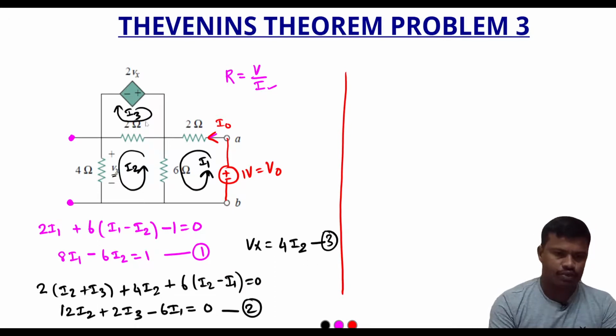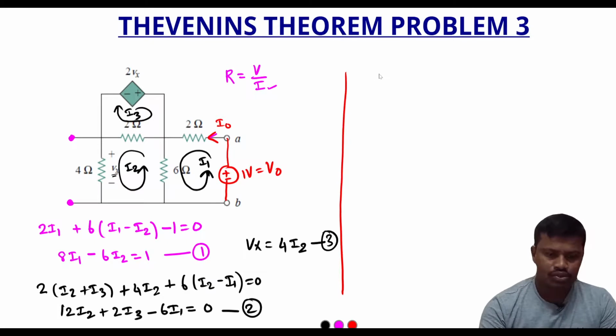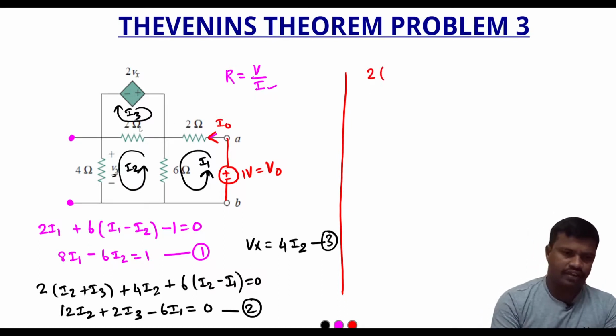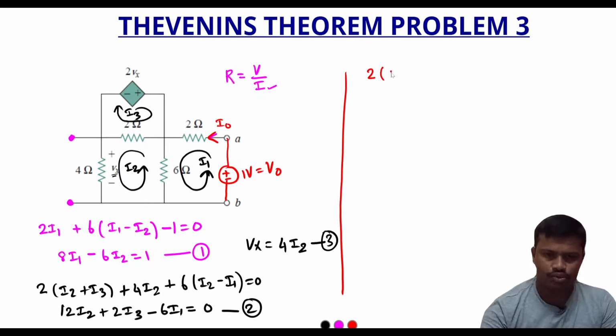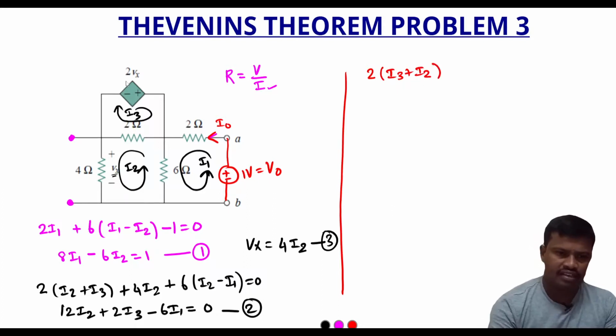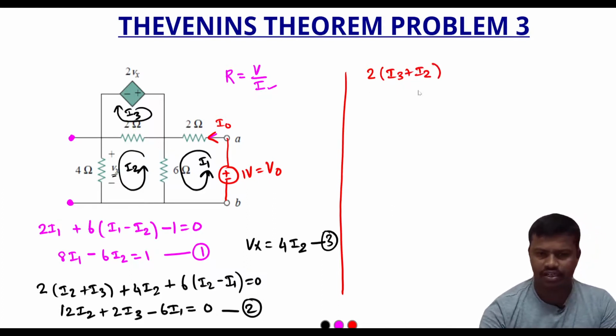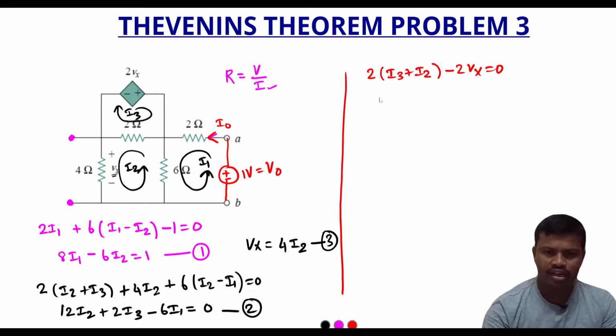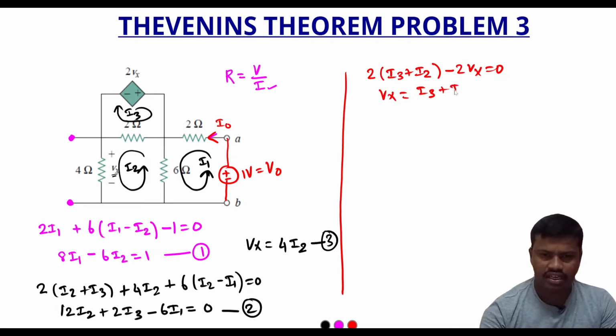The current flowing through the 2 ohm resistor involves I2 and I3 and both are in the same direction, so we can write 2 into (I3 plus I2), and the loop current I3 initially meets the negative terminal of the 2Vx, so we can write negative 2Vx is equal to 0, and on simplification we can write Vx is equal to I3 plus I2. Let us say this is equation number 4.